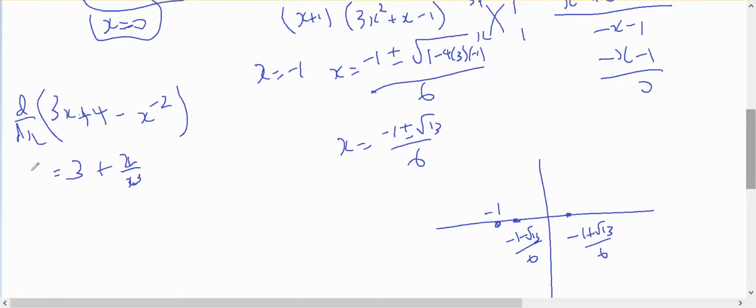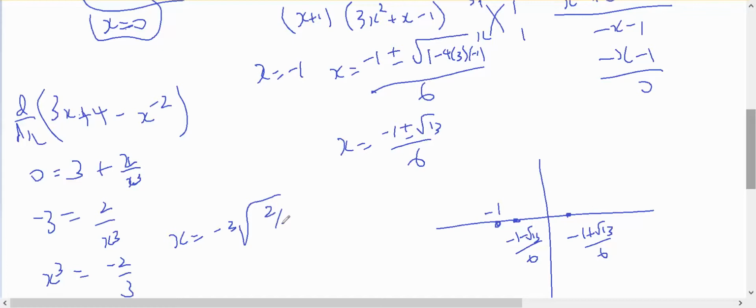And if I set that equal to 0, I get minus 3 equals 2 on x cubed, x cubed equals minus 2/3, x equals the negative cubic root of 2/3.